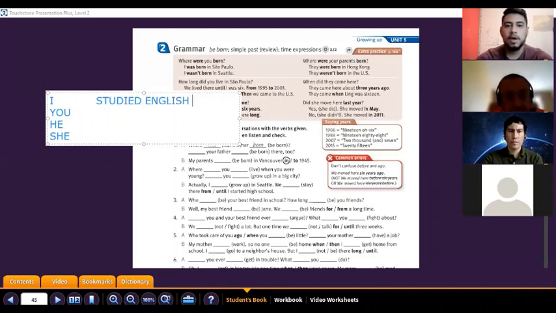Here you can use some kinds of expressions. For example, I studied English yesterday, or maybe last month I studied English, or when I was 15 years old, I studied English.